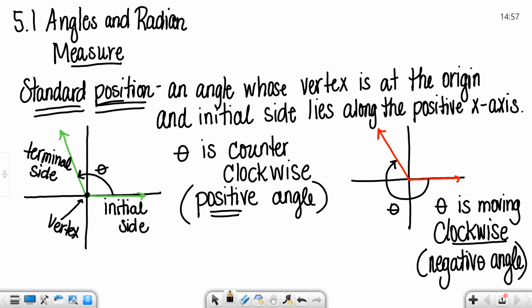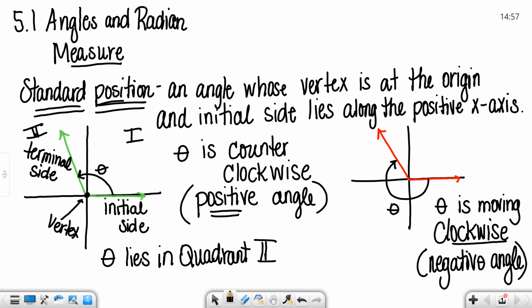Now, if I were going to ask you what quadrant theta lies in, over here where we have the green angle that creates theta, theta for this one lies in quadrant 2. It's not because of where I wrote theta, it's where the terminal side is located. In this case, our terminal side is definitely located in quadrant 2.